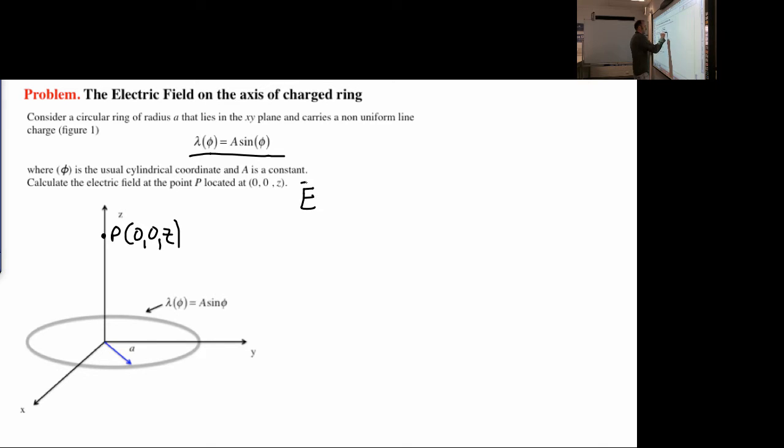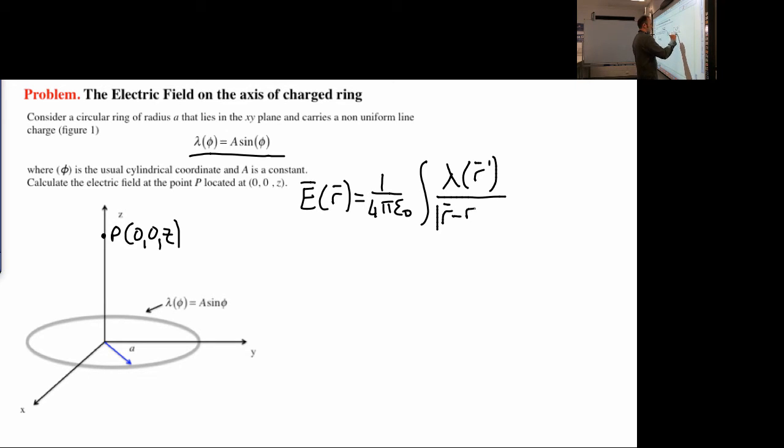So here we have E, the integral, lambda, which is our line charge, over R minus R prime squared, times a unit vector, which is R minus R prime, and it's dl prime.